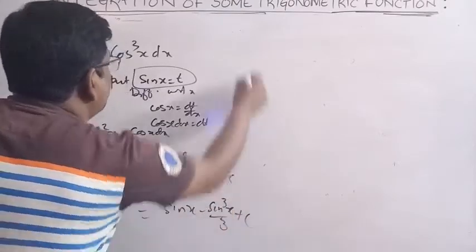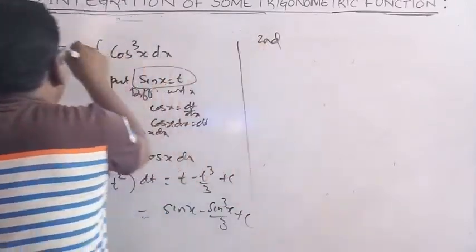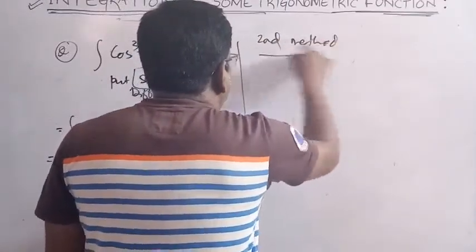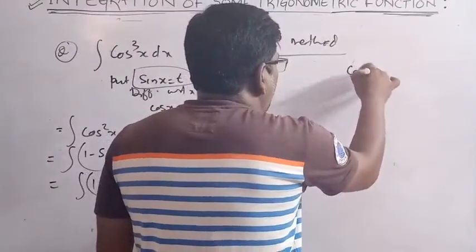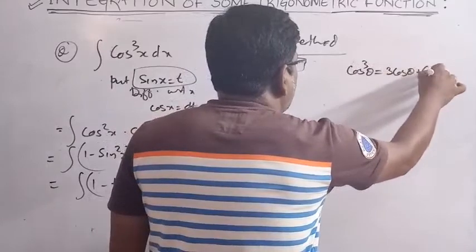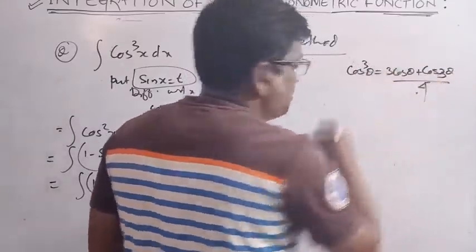This is one method. Now the second method. We know cos cube theta is equal to 3 cos theta plus cos 3 theta divided by 4. Apply this formula.